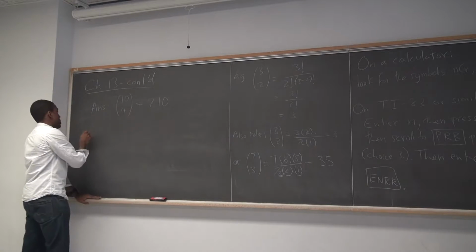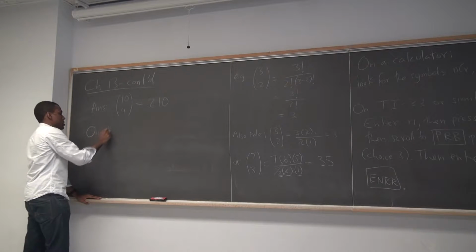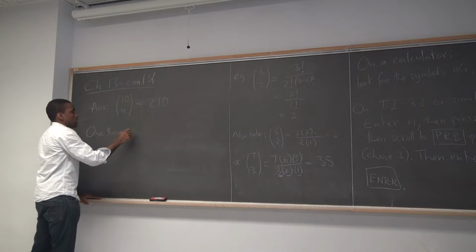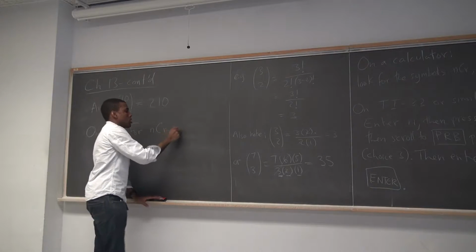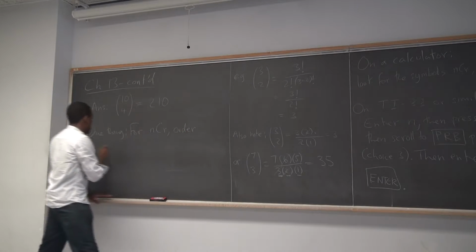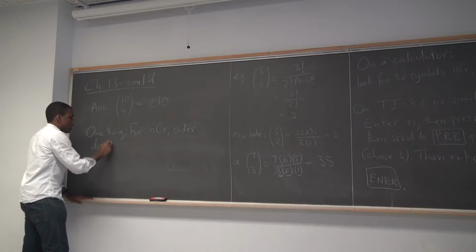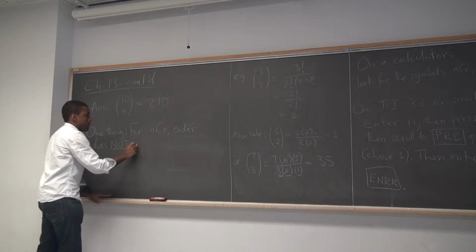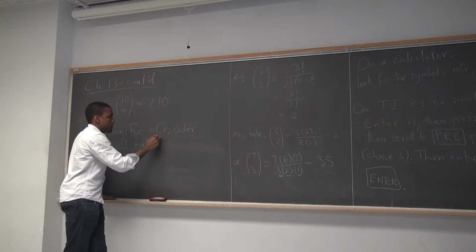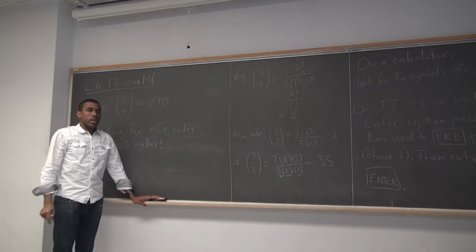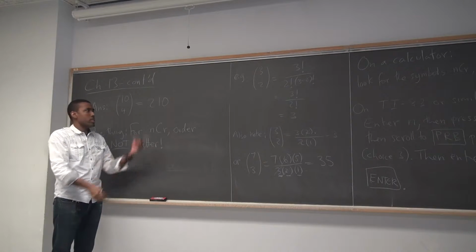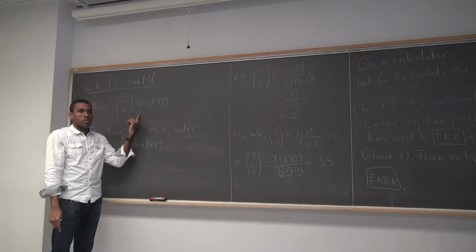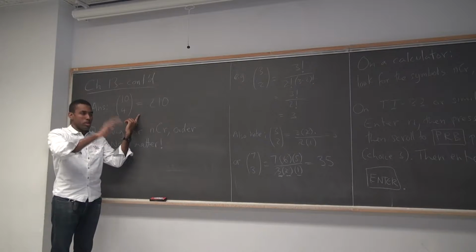Oh, one thing, let me just mention that. For combinations, for NCR, order does not matter. Right, so if I pick a group of 4 people and I sort of arrange them differently, this guy doesn't count it. Right? It considers it, once you pick these 4 people, that's a group.